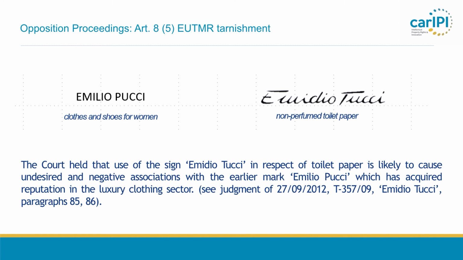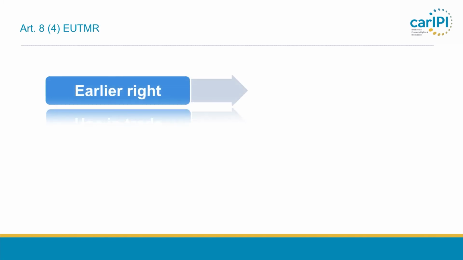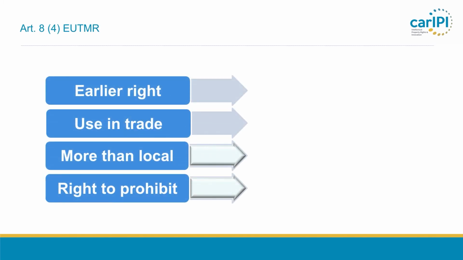So that was, ladies and gentlemen, Article 8.5, the other frequent relative ground apart from 8.1. And I will now briefly mention to you two more that are not that frequent and are a bit particular, especially Article 8.4. Article 8.4 shows this relationship within the European Union between the EU system and the national systems.